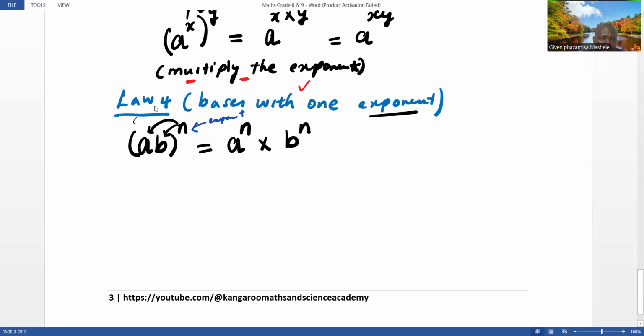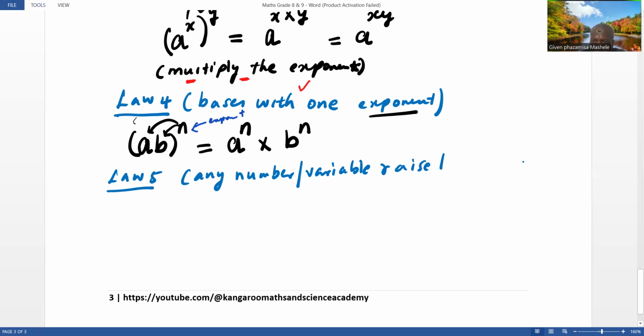Law number 5 says any number or a variable that is raised to the exponent of 0 is equal to 1. Any number that is raised to the exponent of 0 always equals 1.